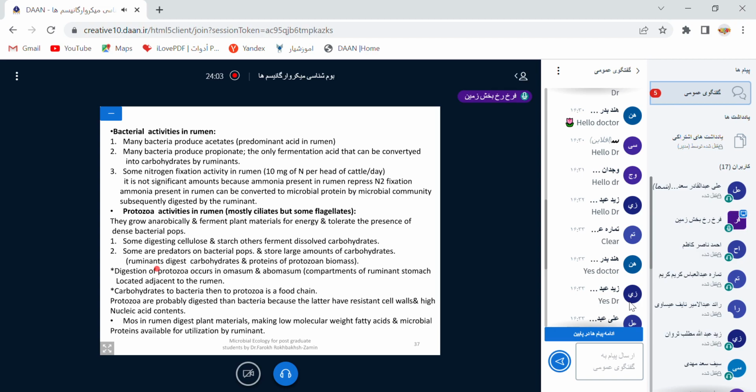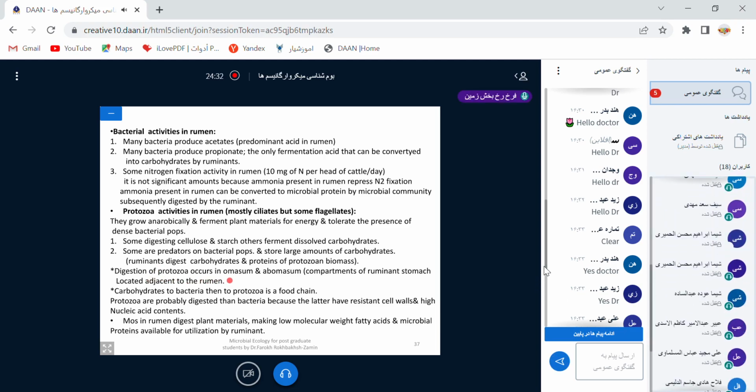So food comes from animal to bacteria, from bacteria to protozoa, and at last, again, the animal can digest those protozoa and receive all carbohydrates and proteins by use of their biomass. Digestion of protozoa occurs in the omasum and abomasum, two compartments of the ruminant stomach located adjacent to the rumen.